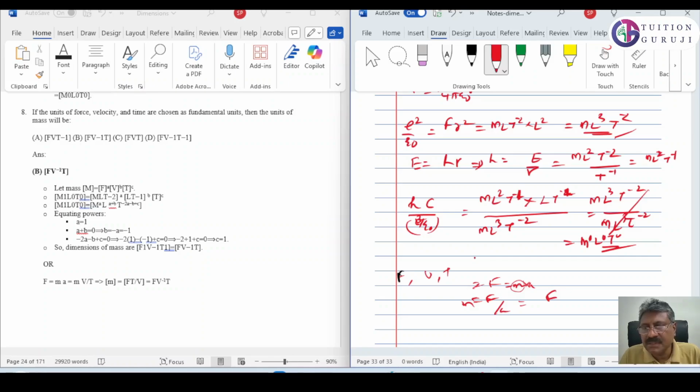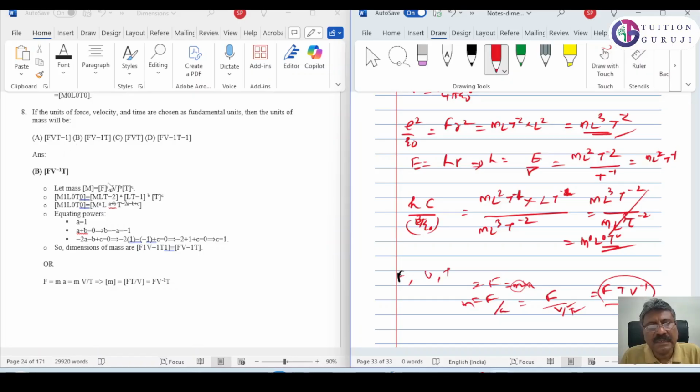A, we know, is V divided by T. V is the fundamental unit, T is the fundamental unit. So it is F into T V raised to minus 1. So the answer is F V raised to minus 1 T, option B. B is the answer.